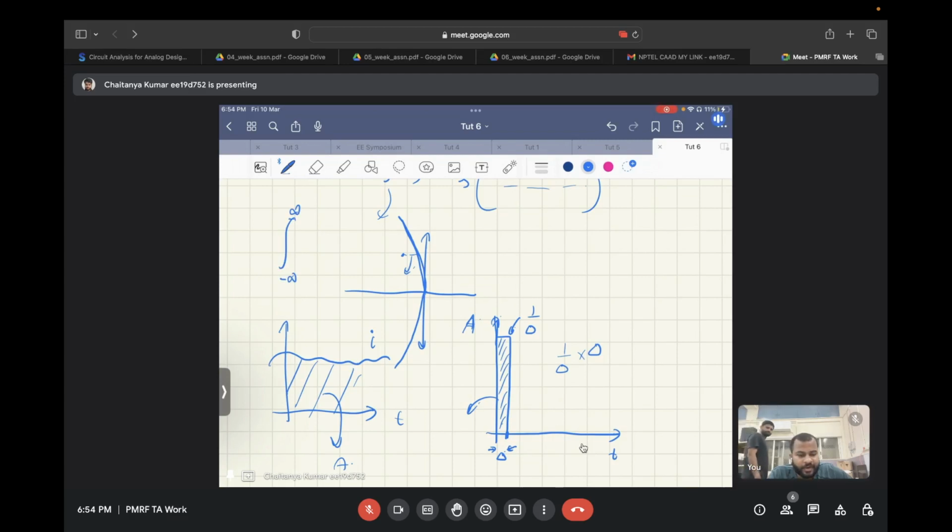This is completely time domain, not frequency domain. It is the integration from minus infinity to infinity of a current waveform with respect to time. What physical quantity is this?